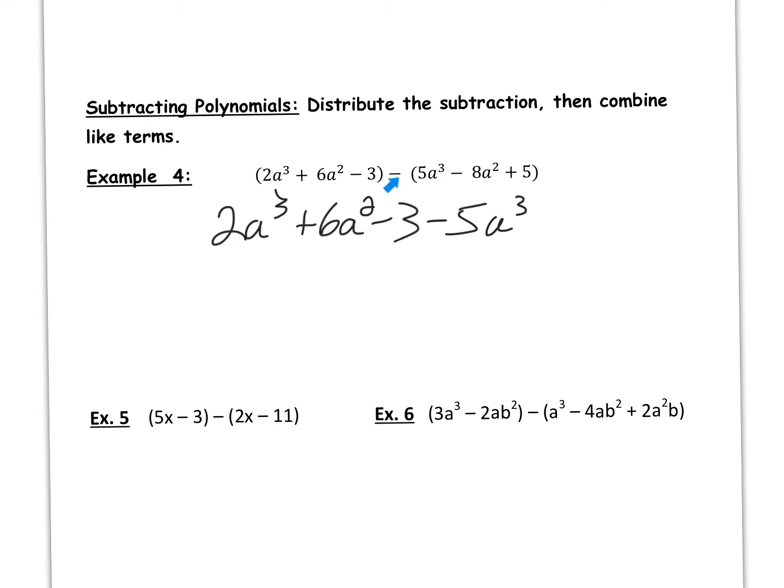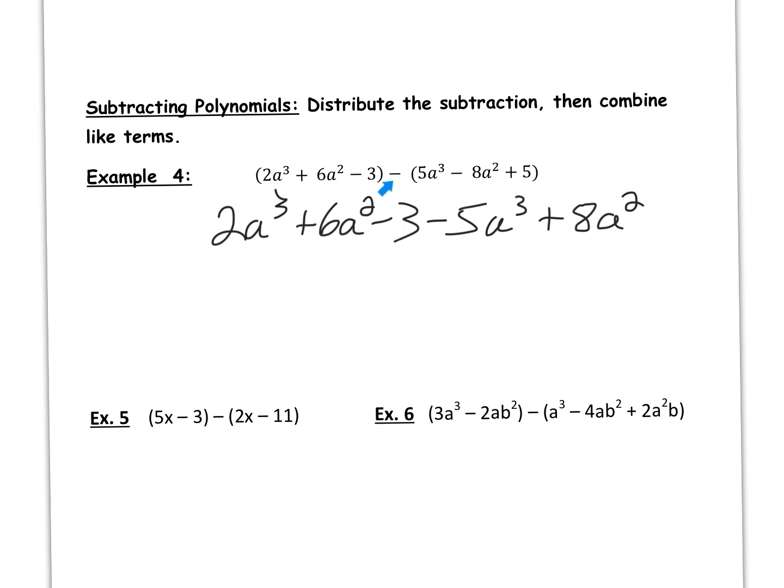Well, now we have minus a negative 8a squared. So minus a negative is going to become plus a positive. Remember, we can always add the opposite. So we're going to change the sign, but we're going to have to change both of them. So plus a positive 8a squared. So I'm going to write plus 8a squared.